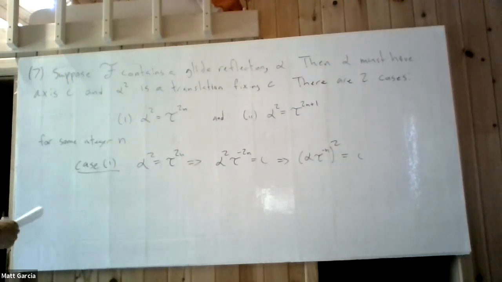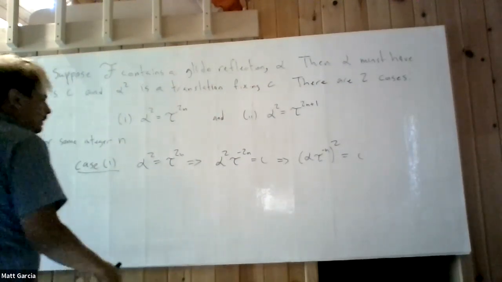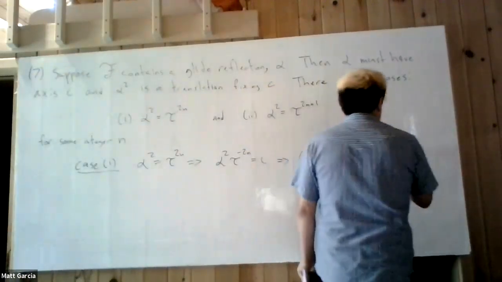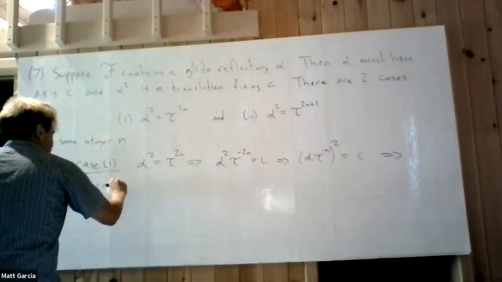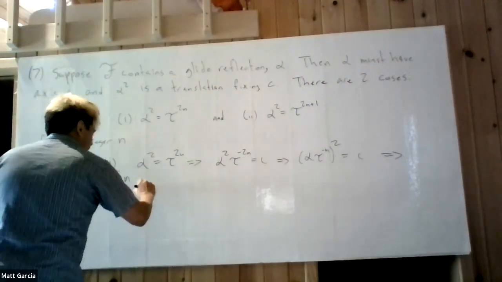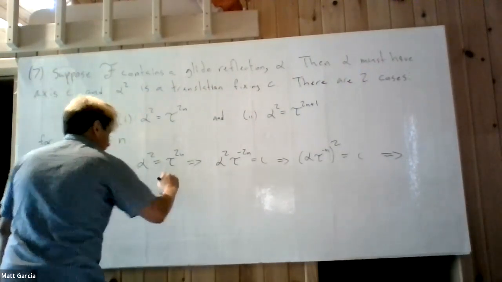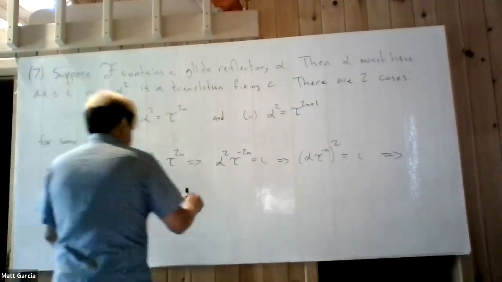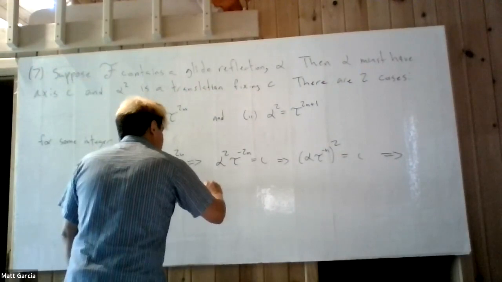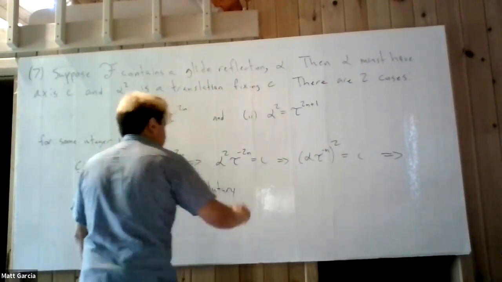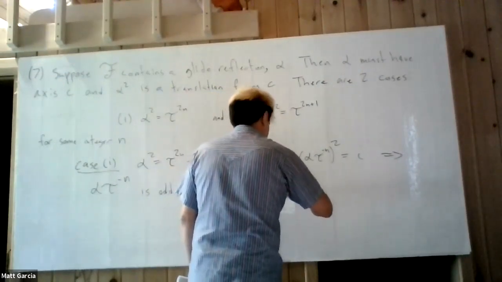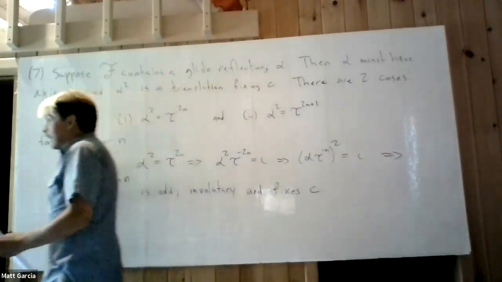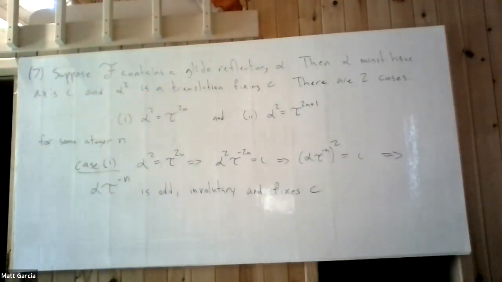What do we have here? Altogether, what this implies is that alpha tau to the negative n is an odd involution and fixes C. Right? How do I know alpha tau to the negative n is odd?